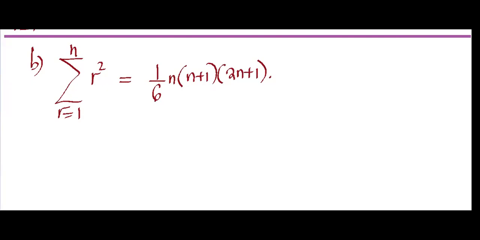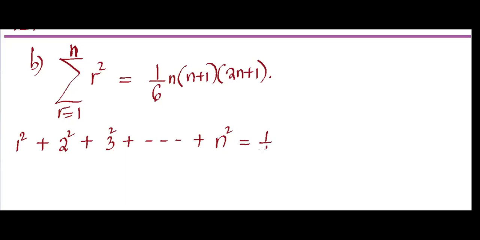So what we have at this point, the terms in the series would be 1 squared at r equal to 1, 2 squared at r equal to 2, 3 squared at r equal to 3, and so on, up to the nth term, n squared.